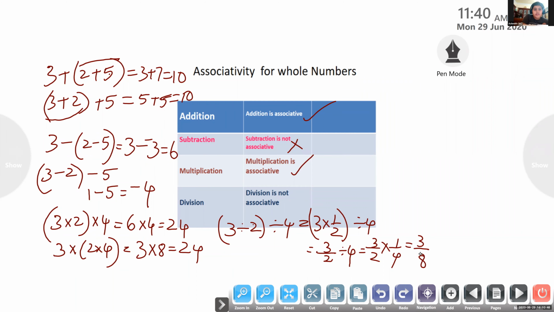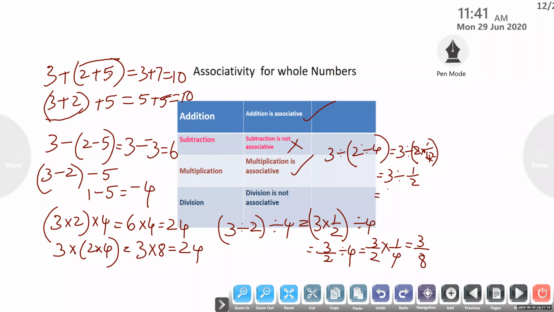Now we will change the bracket. 3 divided by, bracket, 2 divided by 4. So it is equal to 3 divided by, 2 into 1 by 4. That is 1 by 2.